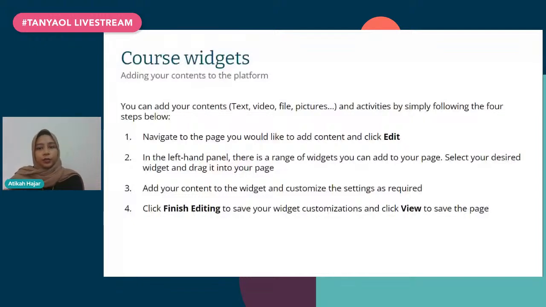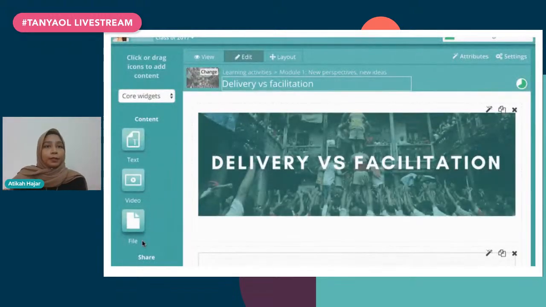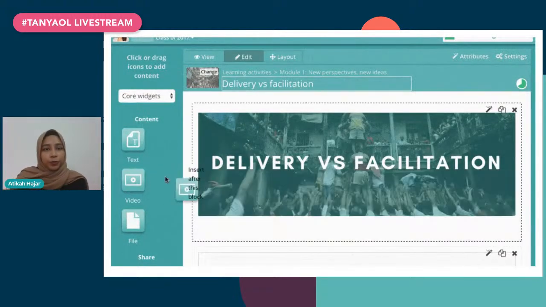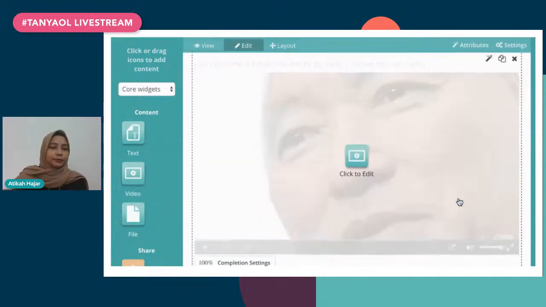What you need to do is find the desired widget and drag it to the page, then add your content to the widget and customize the settings as required. Once you're happy with it, click finish editing to save your widget's customization, and click view to preview. It is something like this.